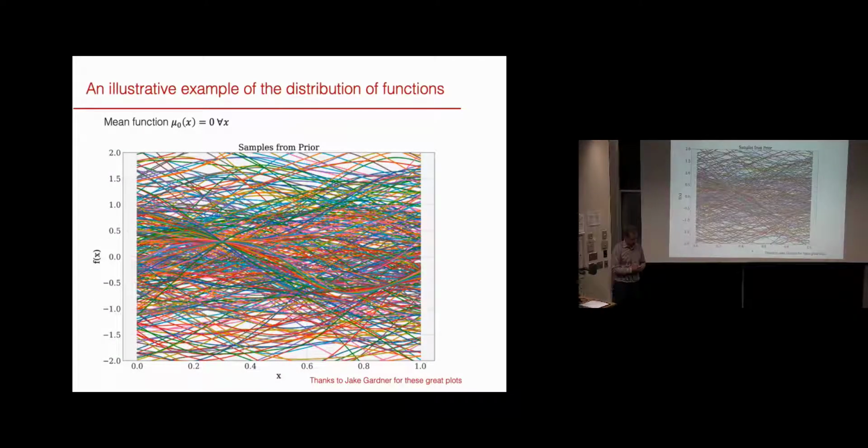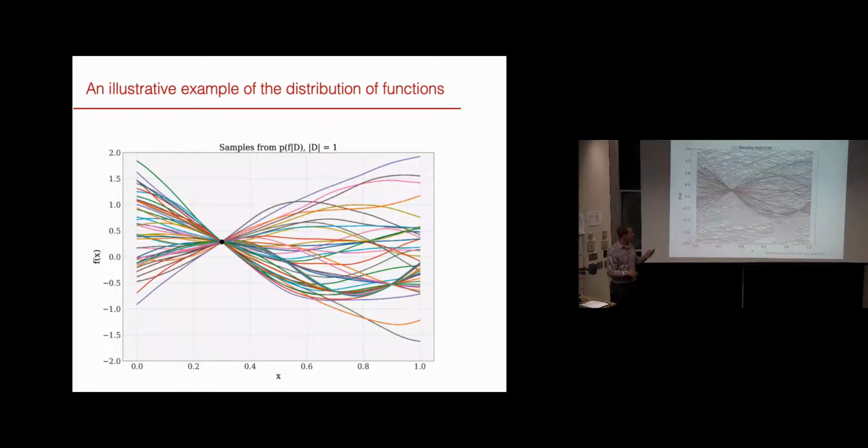So here's my perspective. In the beginning, I don't know anything about the function. Like any function is possible. Anything is possible. There are smooth functions, but the function can go anywhere. Now I make an observation, and all of a sudden, only certain functions are consistent with the observation I just made. Right?